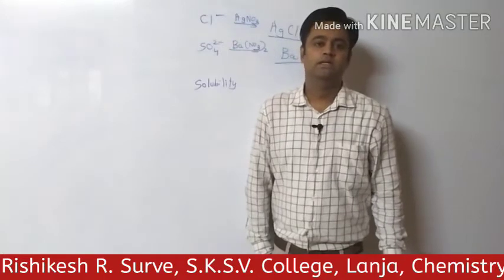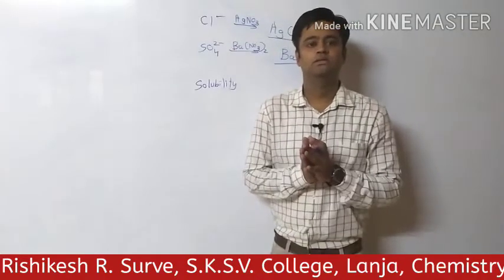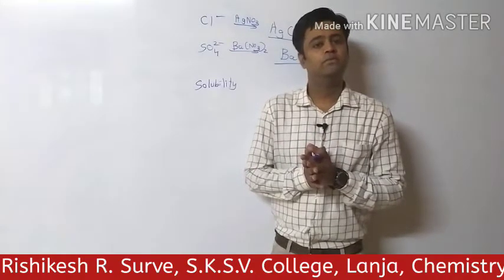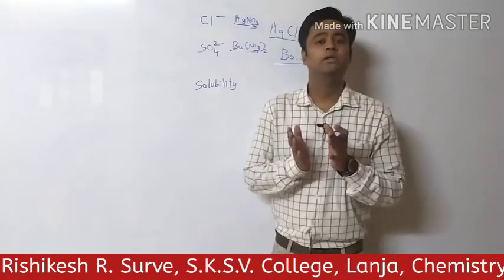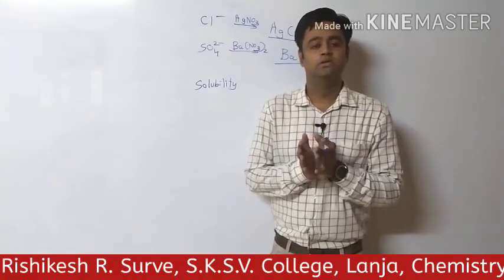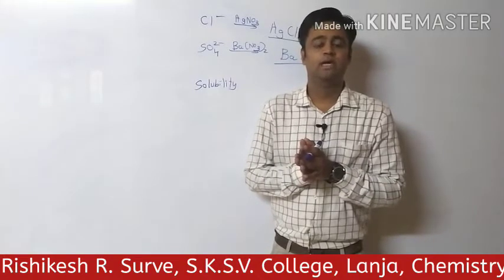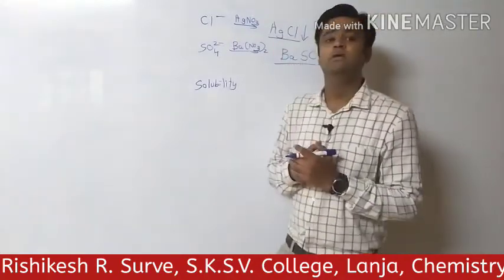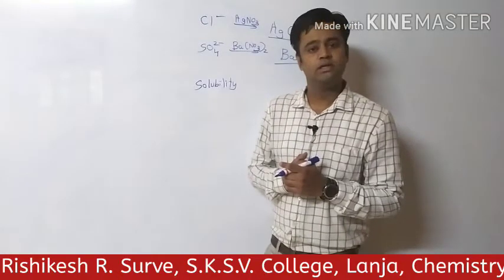We know that many salts get easily dissolved in a particular solvent like water, but many of the salts do not dissolve in a particular solvent to a certain extent. They are called sparingly soluble salts. For example, AgCl and BaSO4 do not get easily dissolved in water, and they are sparingly soluble salts in water.